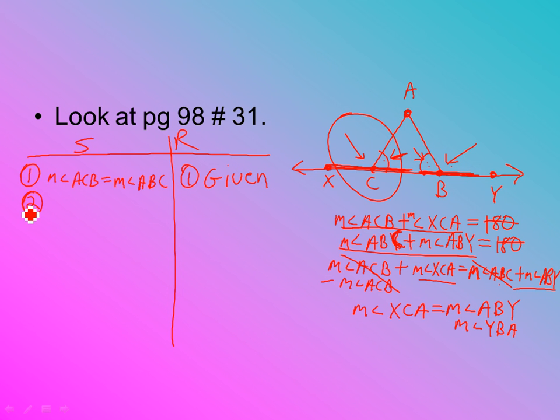Next thing we can say is that angle ACB and angle XCA, along with angle ABC and angle YBA, are linear pairs.